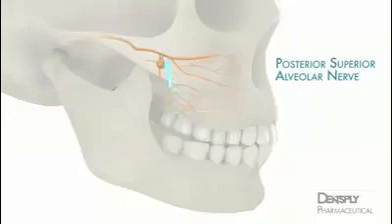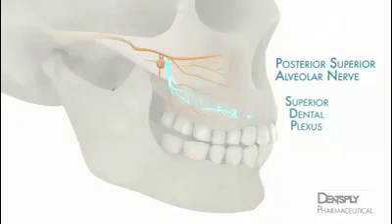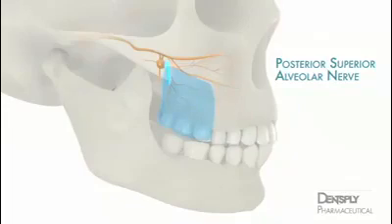The nerve then enters the maxilla and continues down the posterior wall of the maxillary sinus, ultimately contributing fibers to the superior dental plexus. The posterior superior alveolar nerve innervates the maxillary molar teeth, with the possible exception of the mesiobuccal root of the first molar, the surrounding periodontium and adjacent buccal mucosa, and the mucous membrane of the maxillary sinus.